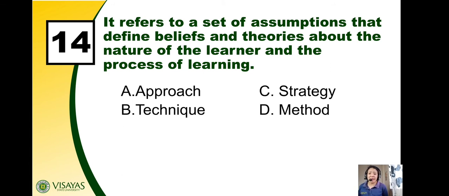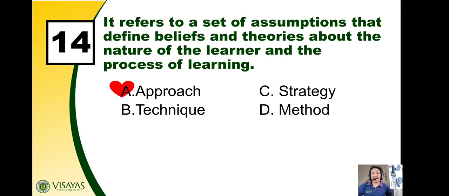We have A, approach, B, technique, letter C, strategy, and letter D, method. Again, it refers to a set of assumptions that define beliefs and theories about the nature of the learner and the process of learning. A, approach, B, technique, letter C, strategy, or letter D, method.